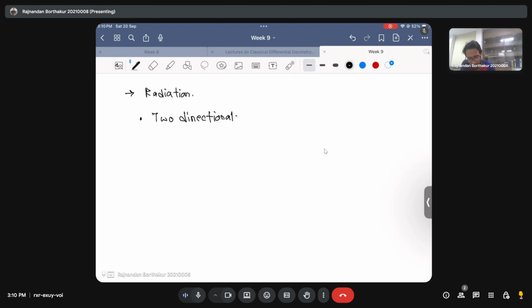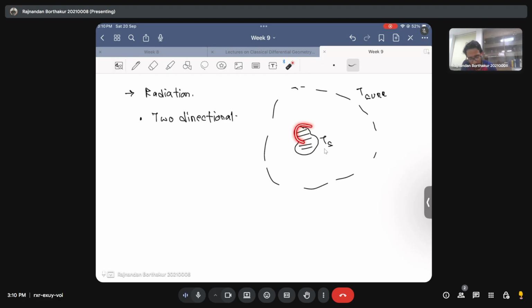By two directional, what I mean is that, let's say there is a body denoted by a surface temperature, Ts, and there is another body enclosing the smaller body, which we'll call the surrounding. When I speak about radiation exchange between these two bodies, there is heat transfer from the first body, we will call it body 1, and the surrounding, or the second body, we will call body 2.